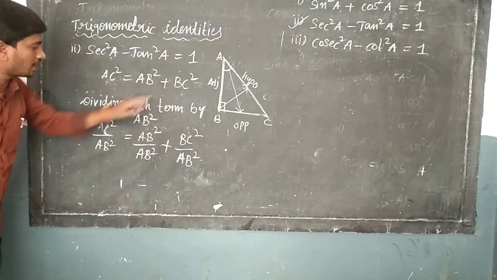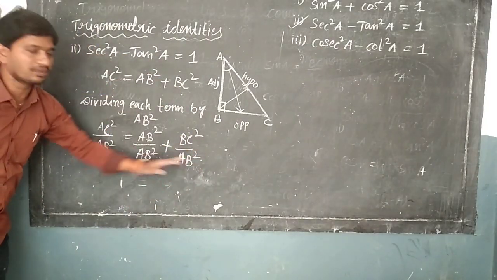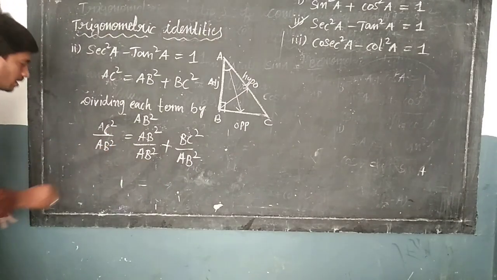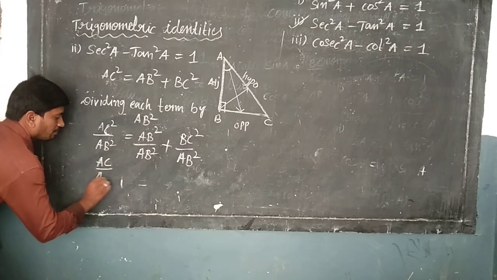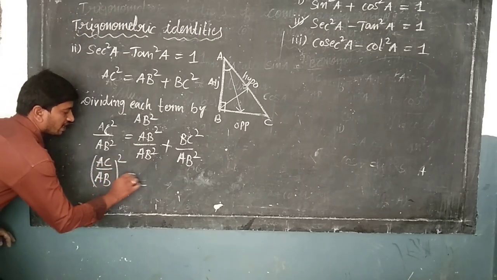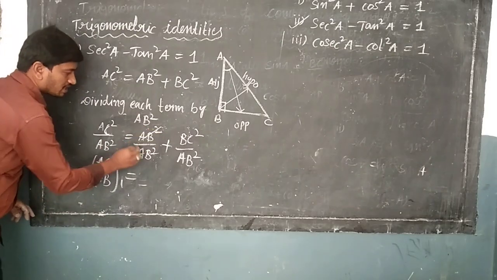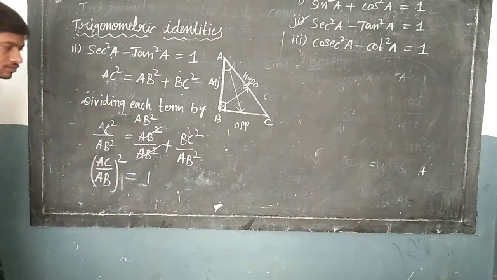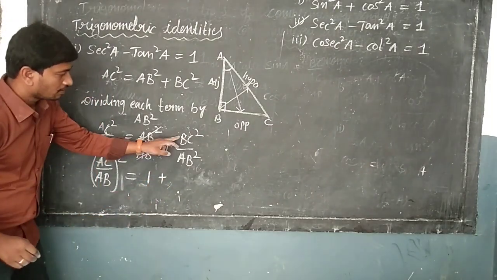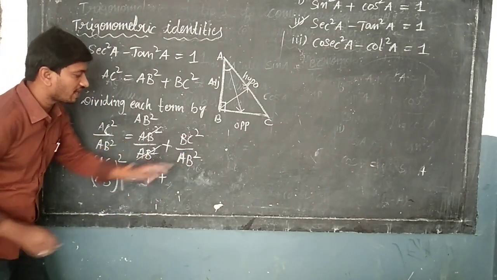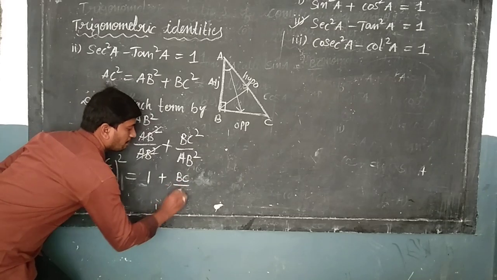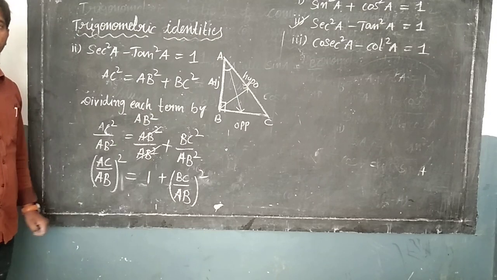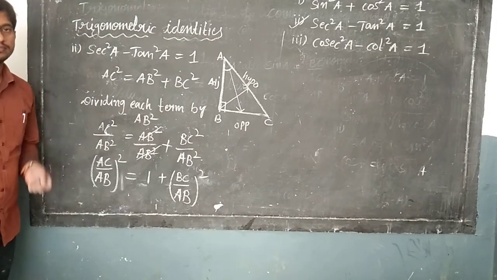AC square by AB square I can write as AC by AB whole square. AB square gets cancelled, which is equal to 1, plus BC square by AB square, which I can write as BC by AB whole square.